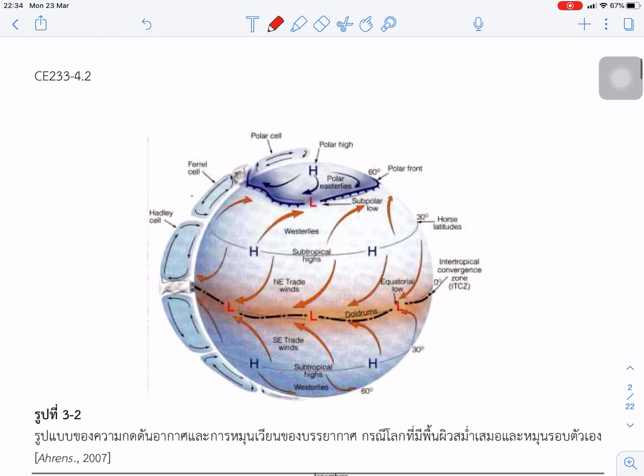For the next case, the Earth is rotating and has a smooth surface.